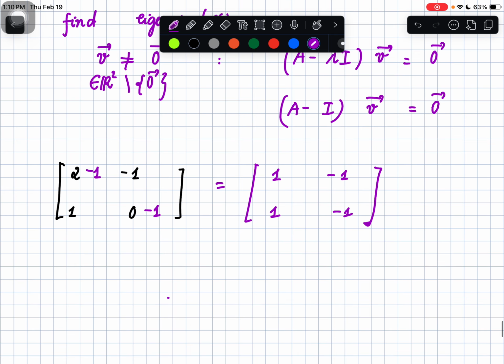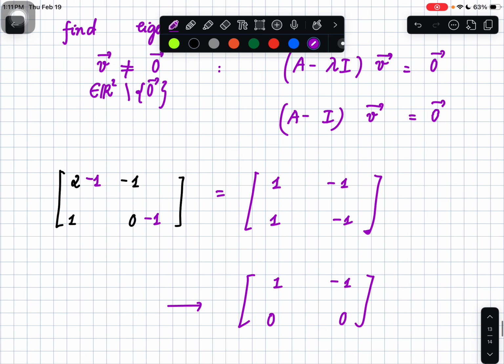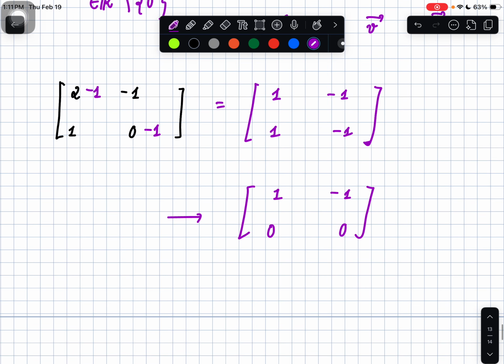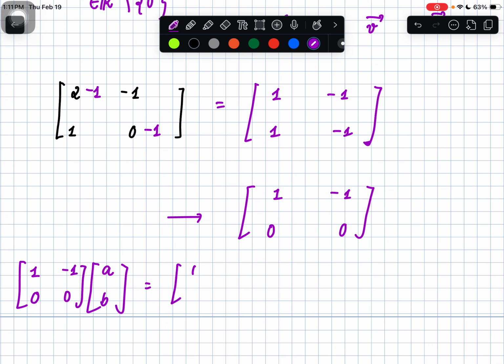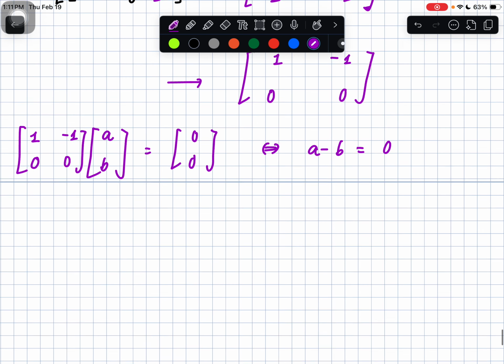So if you do row reduction, you get (1, minus 1; 0, 0). Let me say vector v has two components a, b. So we have (1, minus 1; 0, 0) times (a, b) equal to (0, 0). This is equivalent to a minus b is 0.